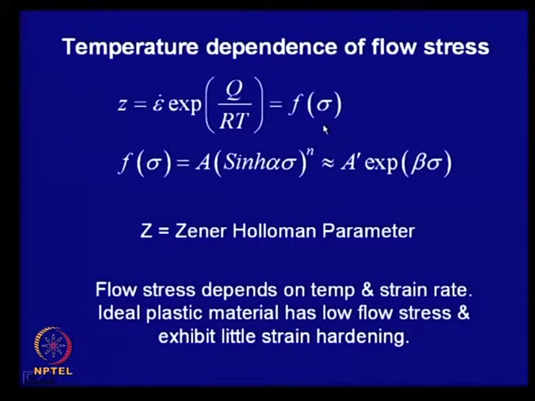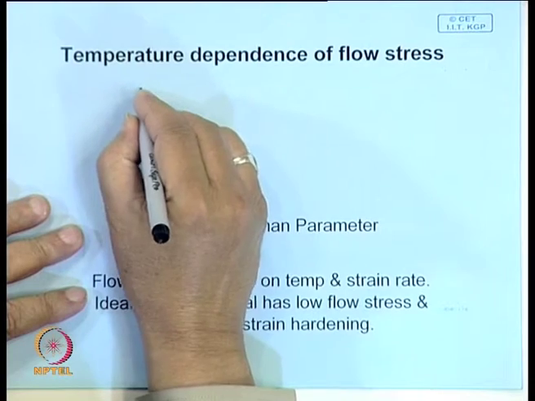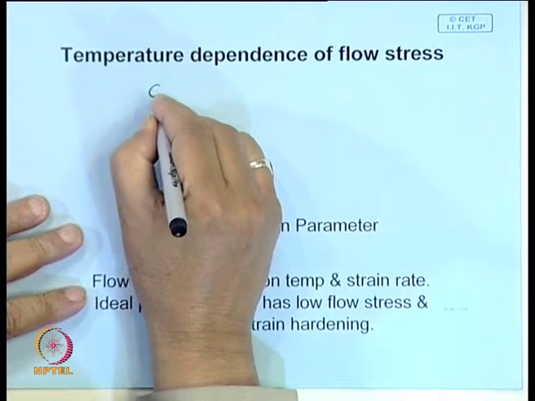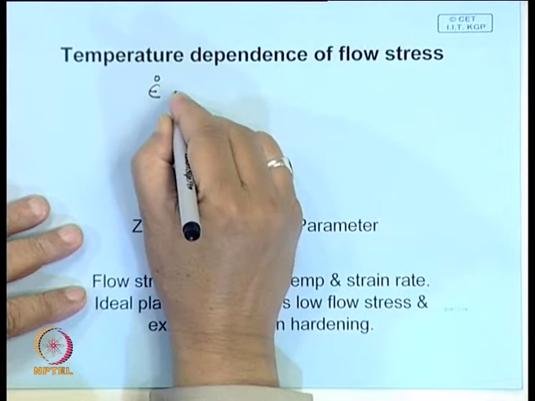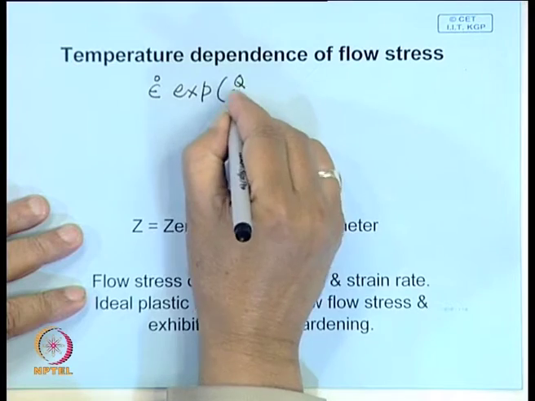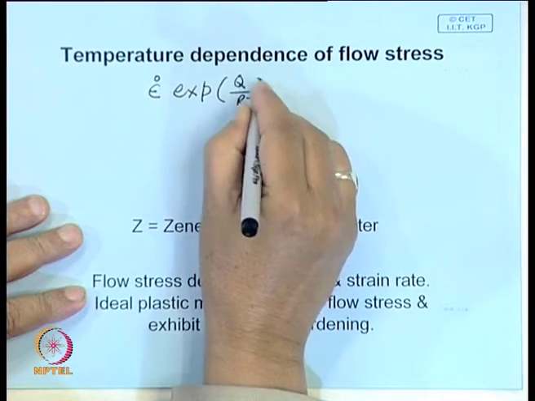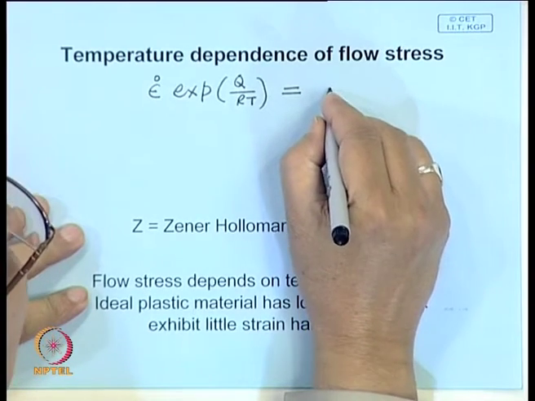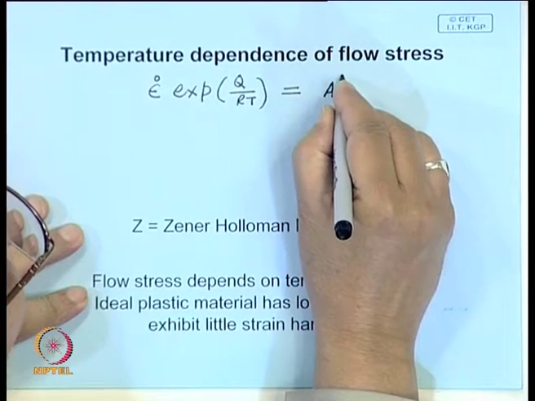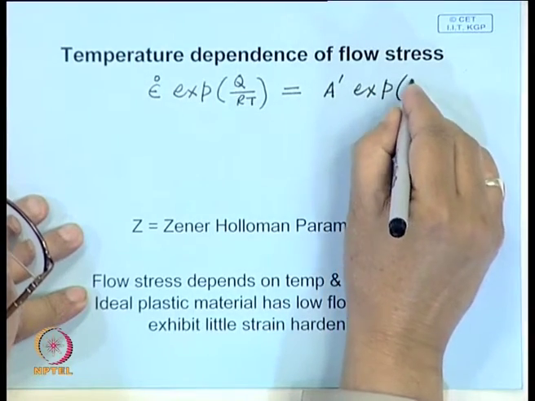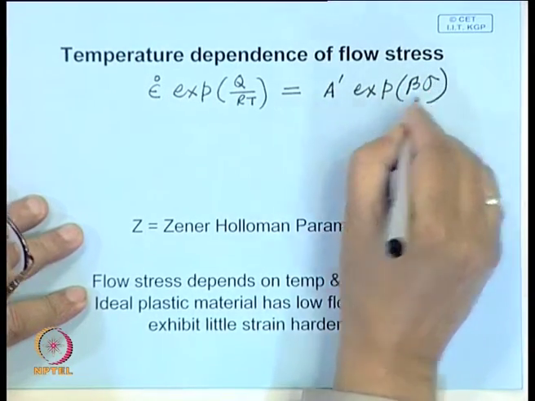Now usually these are derived like this: the Zener-Hollomon parameter is equal to the strain rate times exponential Q over RT, and this is equal to a function of stress, and we say that we take it as some function, exponential beta sigma.